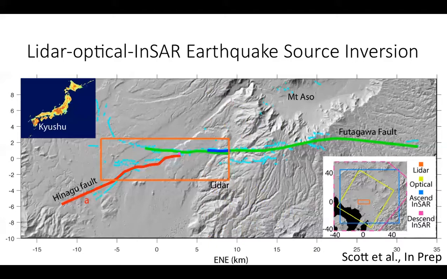And so what I did was kink the fault traces to follow a simplified version of surface traces mapped by the Japanese Geological Survey. Japanese Geological Survey faults are shown here in cyan, and then the faults that are used in the slip model are these thicker lines here in red, green, and blue.